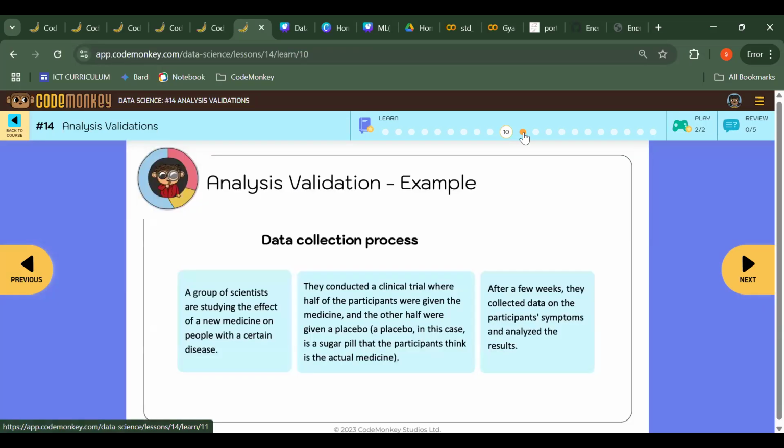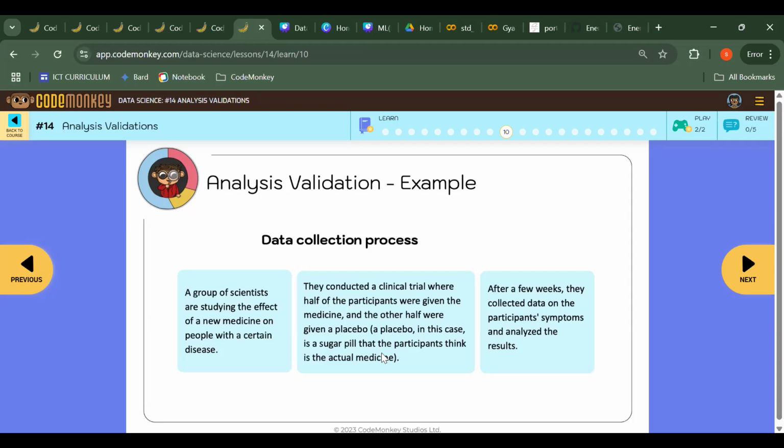Let's skip these questions. Here, for an analysis validation example, a group of scientists is studying the effect of a new medicine. The scientists want to find out whether a new medicine can help people with a specific sickness. Second, they set up an experiment.